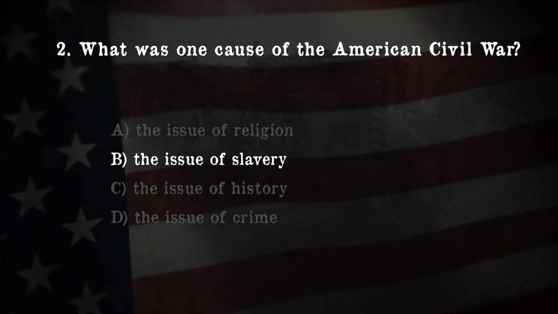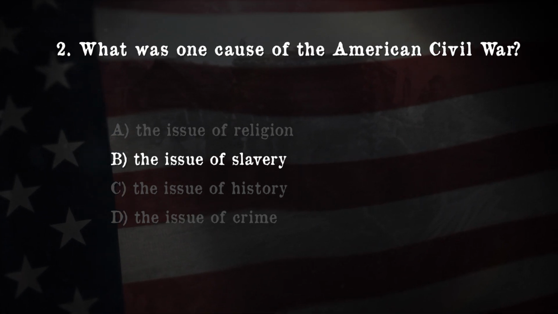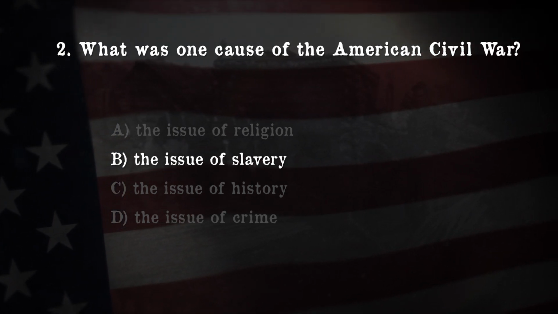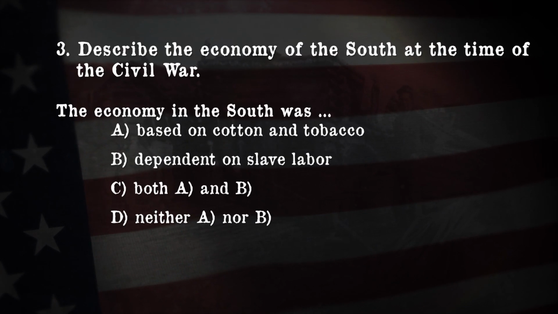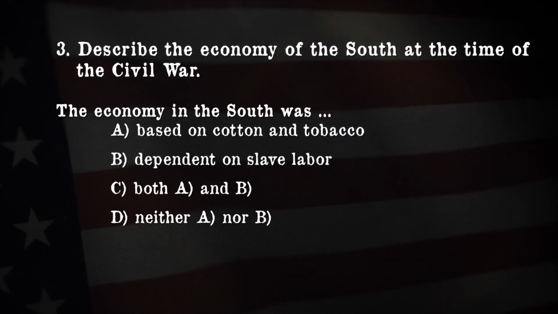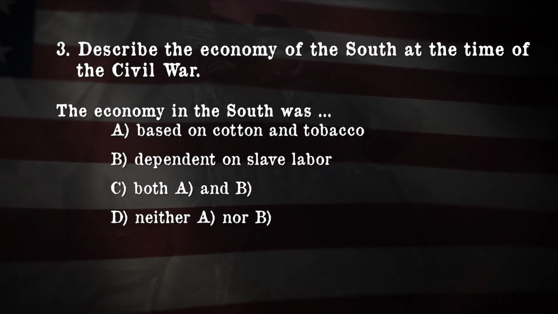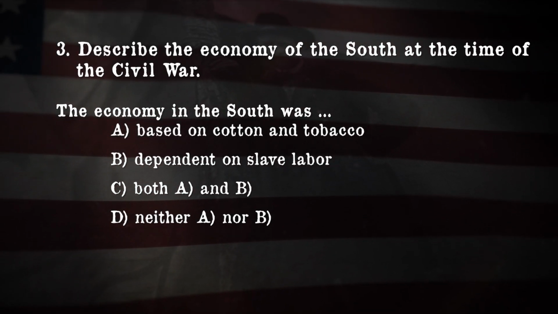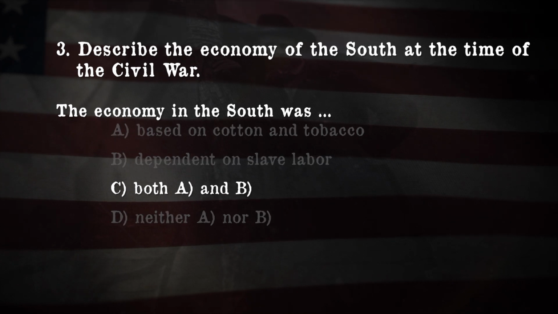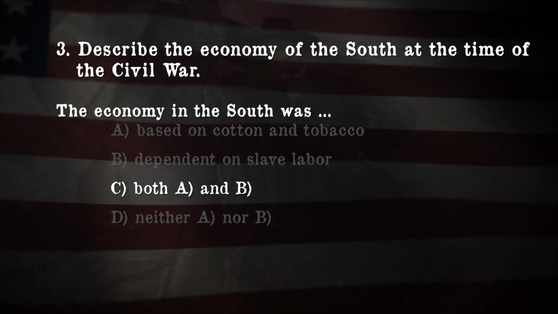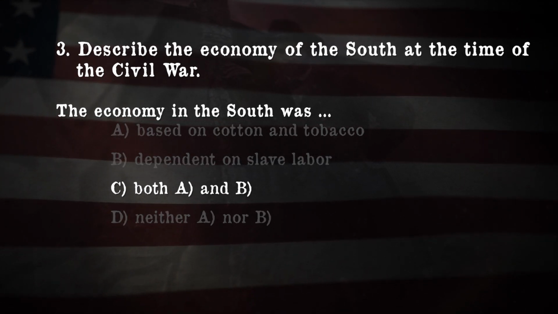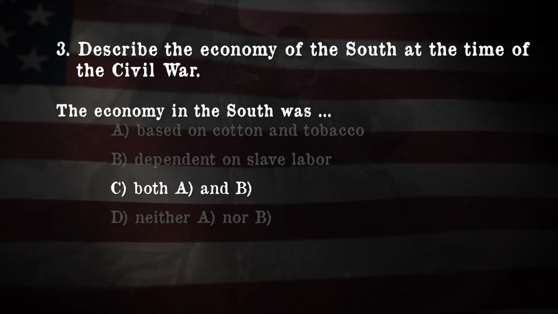One cause of the American Civil War was the issue of slavery. Describe the economy of the South at the time of the Civil War. The economy in the South was based on cotton and tobacco and dependent on slave labor. Both A and B are true.